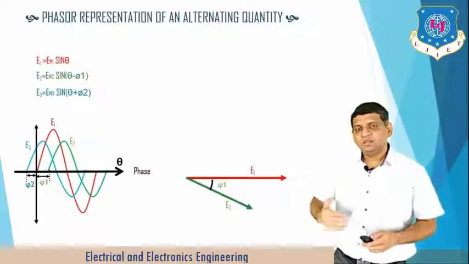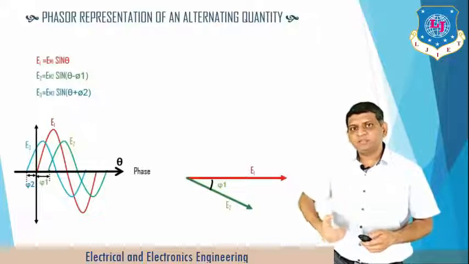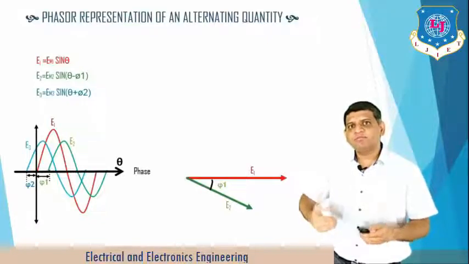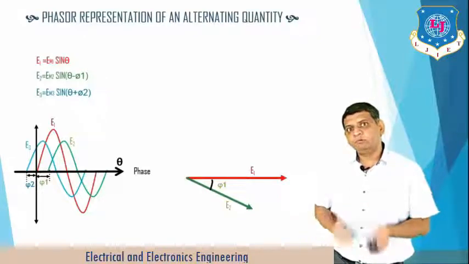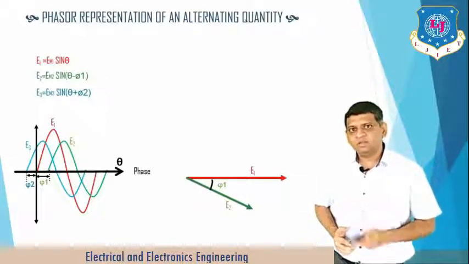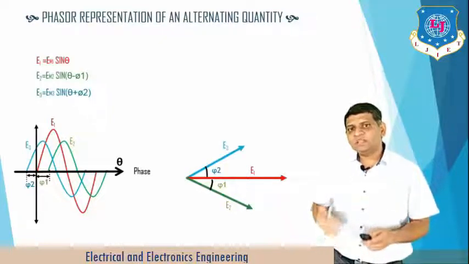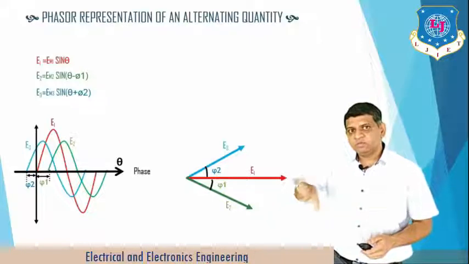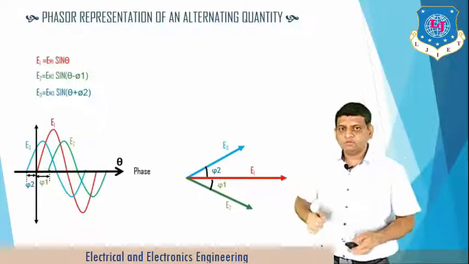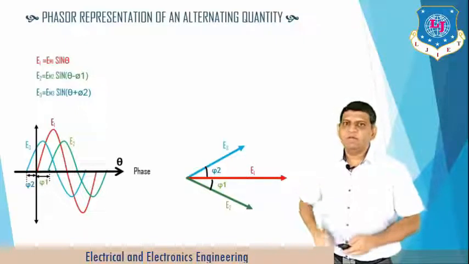So the first vector starts at e1, another vector starts after e1, that is e2, with the phase difference of phi 1. Now the third vector, e3, starts early, before the reference vector e1. You can see all these three vectors are moving in an anti-clockwise direction. So the first is e3, then you have e1, and then you have e2.